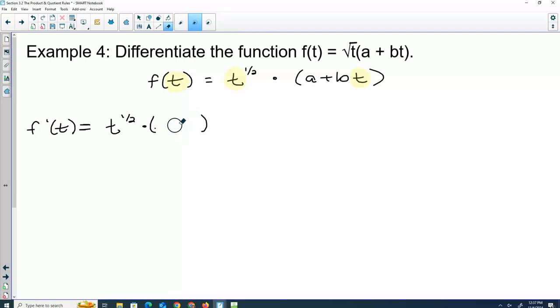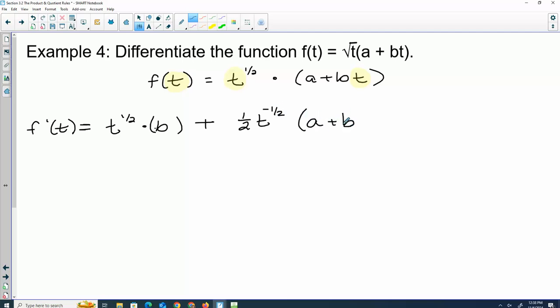So 1/2, the first times the derivative of the second, plus the derivative of the first. So the 1/2 comes down, t, subtract 1 from the power, negative 1/2, times a plus bt.